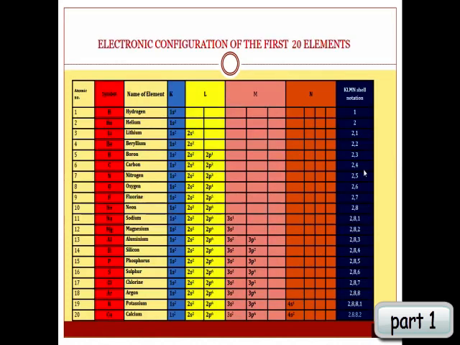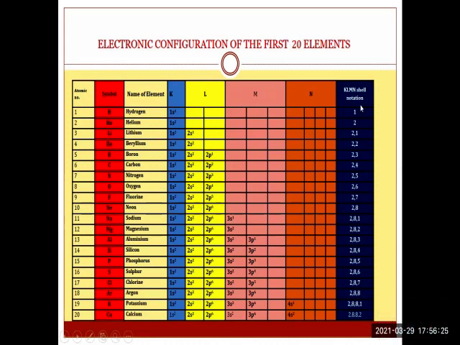Let's step back a bit to understand that statement. Now you can see hydrogen is K1, helium is 2. This is a stable duplet for helium, because the K shell can only take a maximum of 2. The L shell can take a maximum of 8. The M shell can take a maximum of 18.